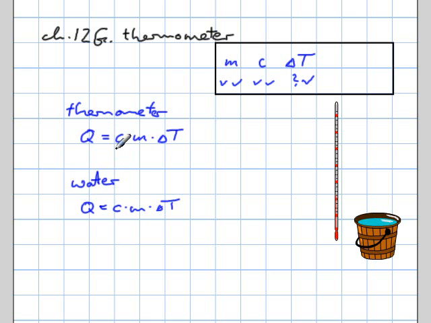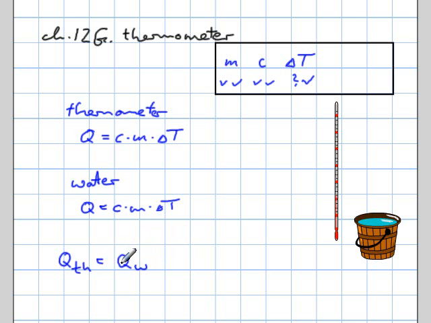That, of course, has to do with the conservation of energy. So whatever heat flows out, we don't have to calculate that, but simply say that the two heat flows are the same, so the heat flow into the thermometer is the same as the heat flow out of the water.